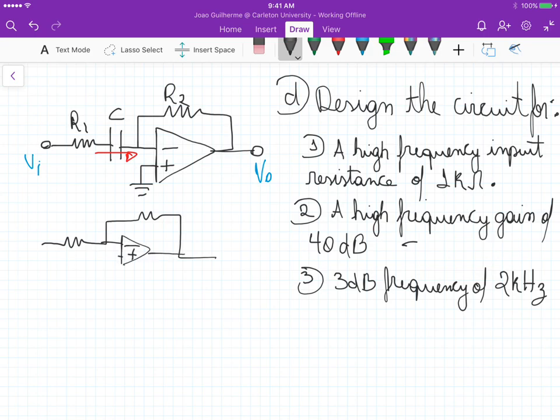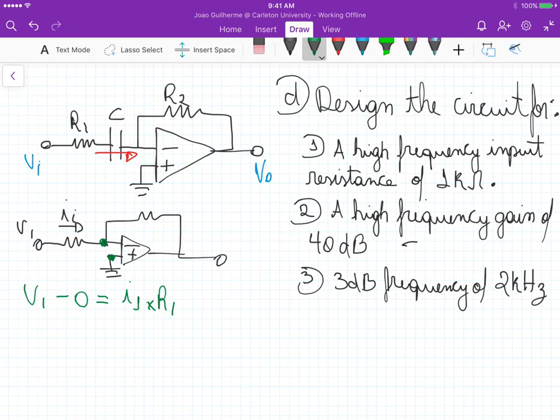And remember that for an inverting amplifier, the input resistance is just the voltage VI divided by the input current. Now, because this terminal here is grounded, this one here is 0. So our VI minus 0 equals I1 times R1.